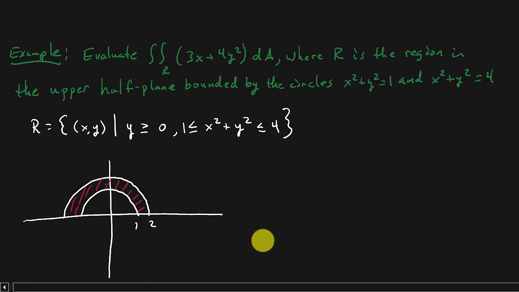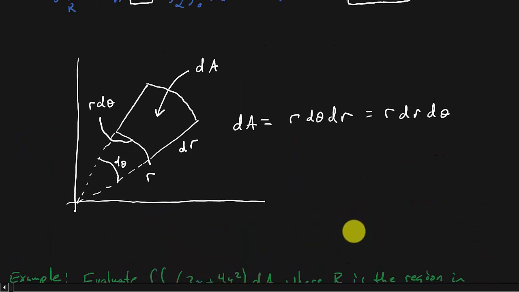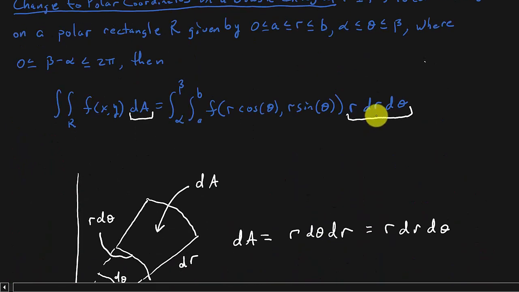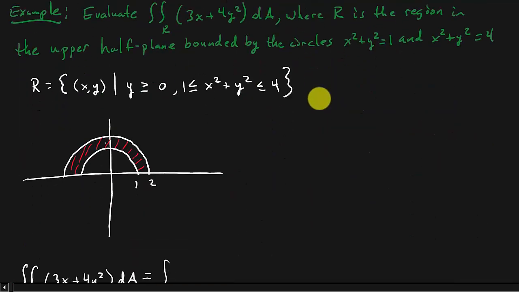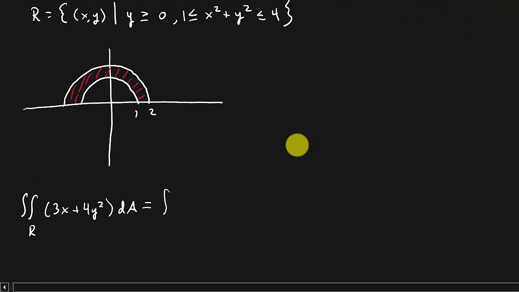Remember, I've got dr here, so the bounds in here are going to be for r, and the bounds out here are going to be for theta. Theta is going from 0 to pi, and the bounds on r go from 1 to 2.